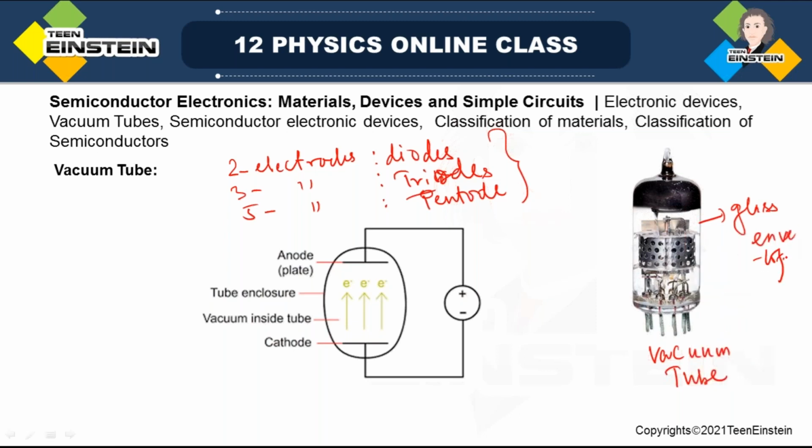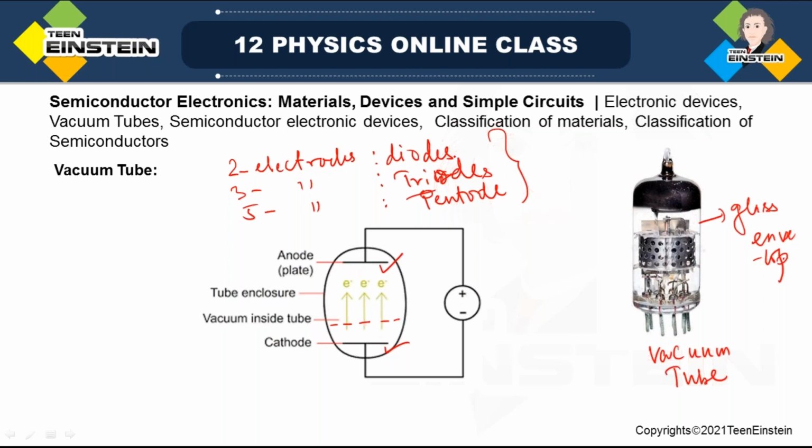Inside that there are two plates. One is called the anode, another one is called the cathode. And sometimes in between there will be a few more, like a grid, another electrode.